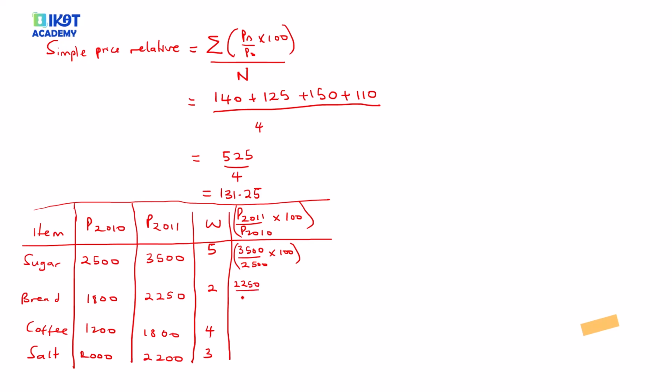This out of 1,800 times 100. This out of 1,200 times 100. Then we come here, it's this out of 2,000 times 100. This we had already said is 110. This is 150.